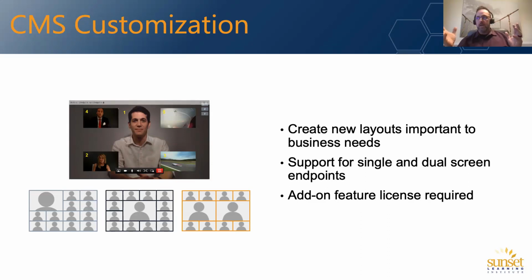So when they're joining a meeting, you can do all sorts of things with your layout. And by the time the TelePresence MCU was end of sale, it supported 56 different layout options. And that was probably the predominant aspect to that server that customers loved.